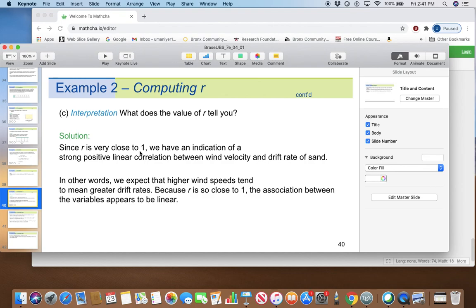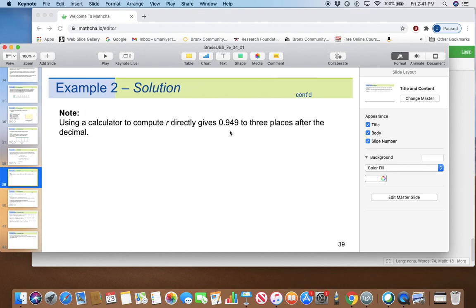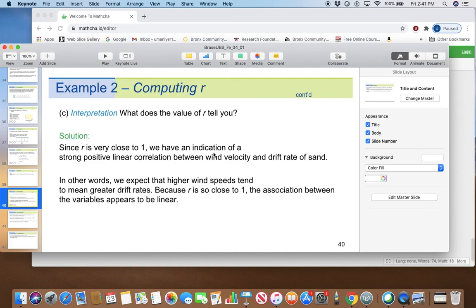Since R is very close to 1, we have an indication of a strong positive linear correlation between wind velocity and drift rate of sand. In other words, we expect that higher wind speeds tend to mean greater drift rates. Because R is so close to 1, the association between the variables appears to be linear.